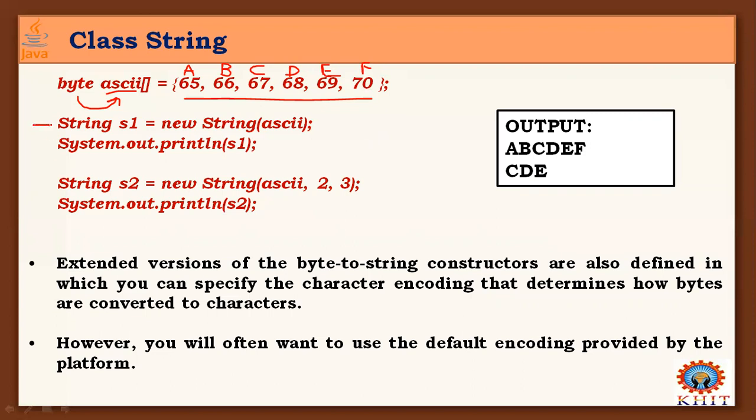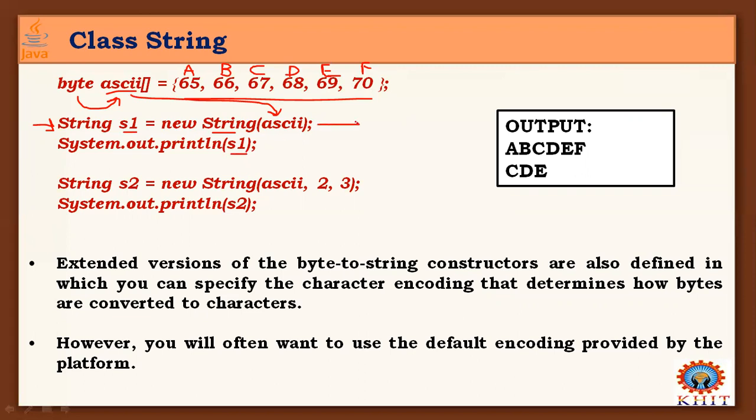I'm constructing one string object S1 with the constructor that accepts this byte array as a parameter, and I'm trying to display S1.